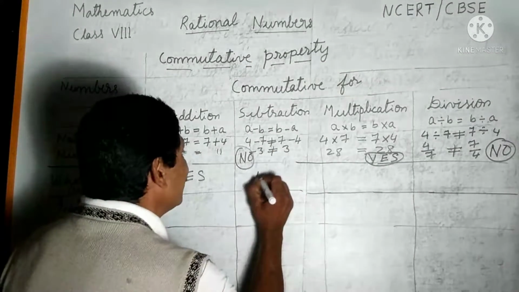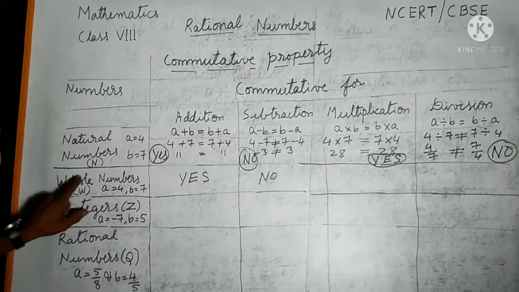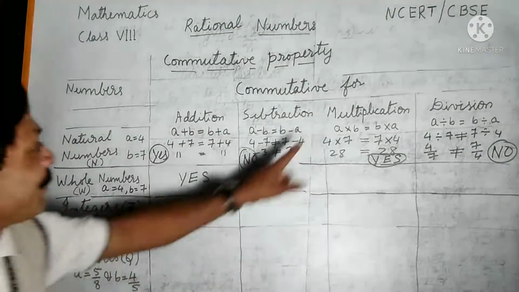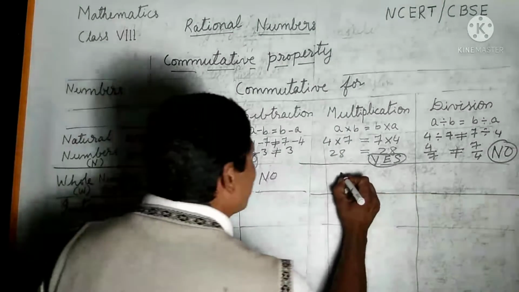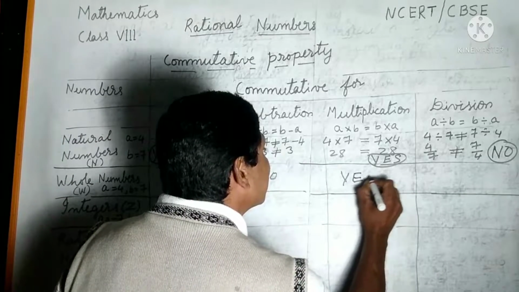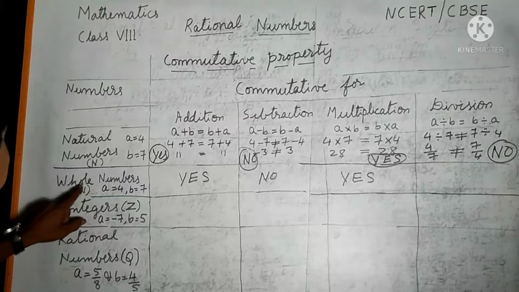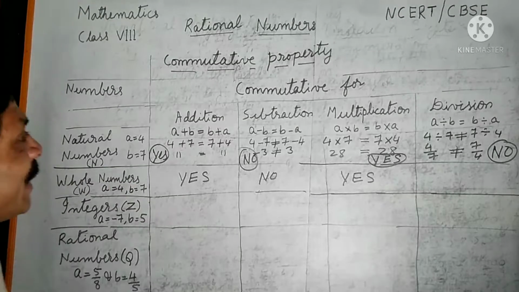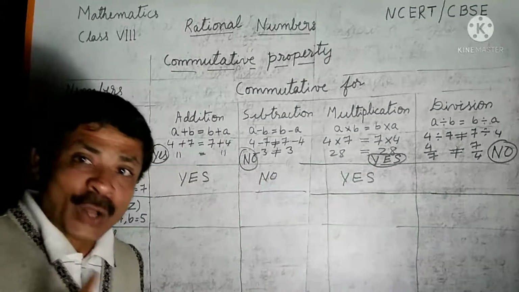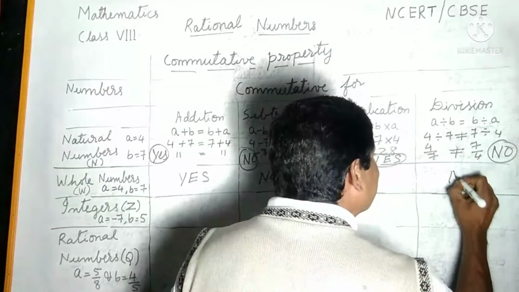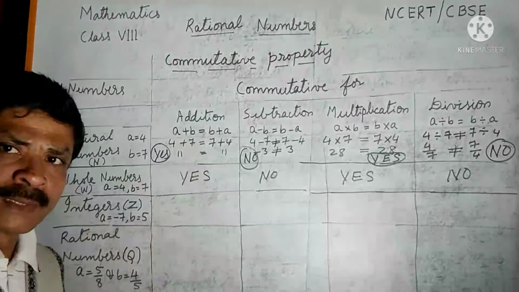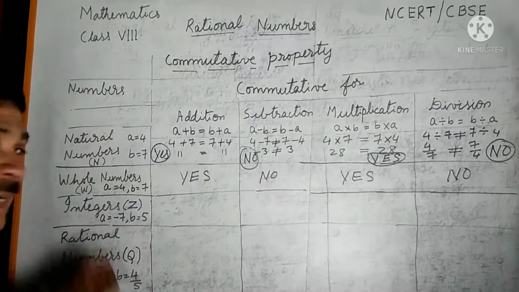Let us write no. For any two whole numbers a and b, multiplication is commutative. Let us write yes. And for any two whole numbers a and b, division is not commutative. That is right? No.